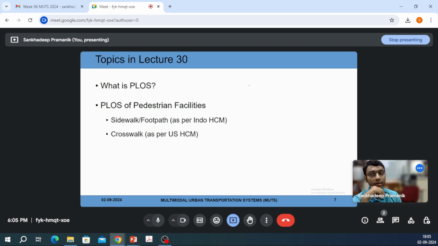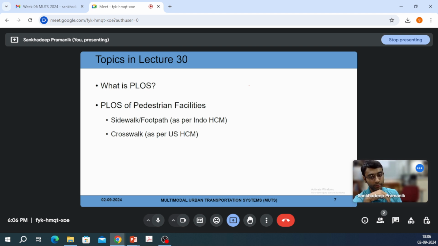Also the pedestrian level of service, which is a version of the vehicular level of service for pedestrians, was discussed. With an example we saw how the level of service changes from A to F, from best to worst, for different regions like commercial, institutional, or recreational centers.